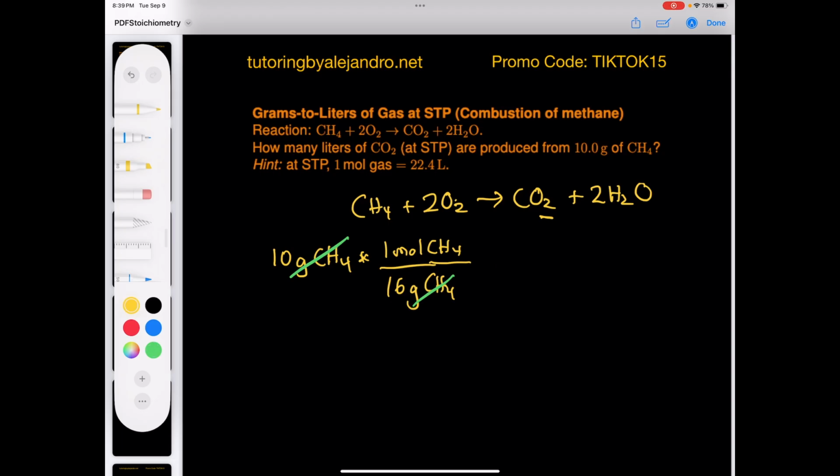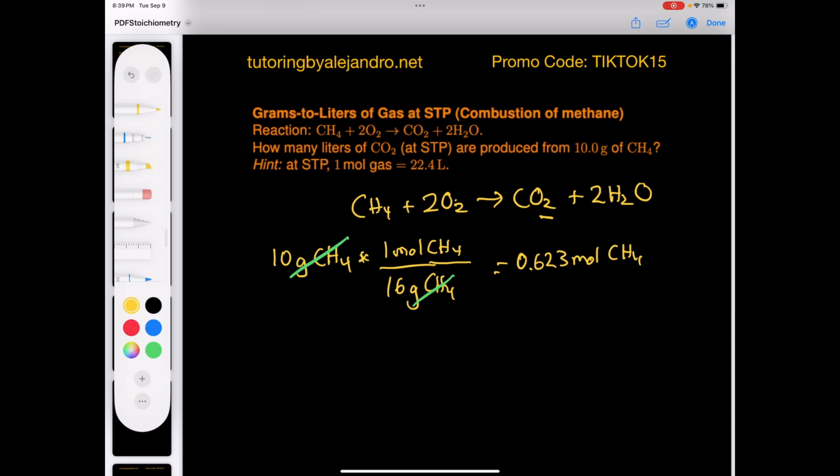And I'm left with 10 over 16 moles of CH4. Okay, if we calculate that, we get approximately 0.623 moles of CH4. Okay, so we have the moles of methane, and we need a comparison with CO2.